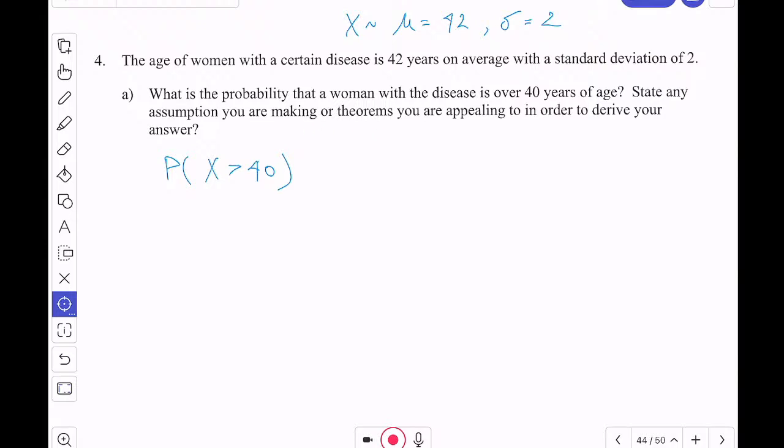What assumption should I make? Right. You can't do anything, right?